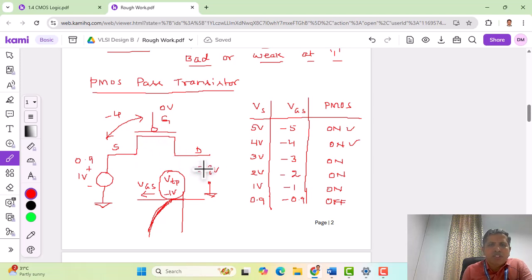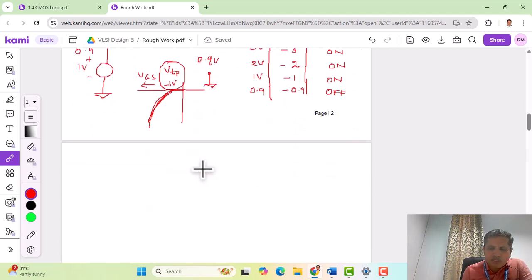So this shows that the PMOS transistor is good, or strong, in passing... I think I have done it wrong here.